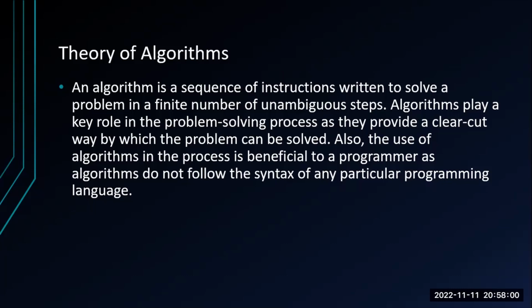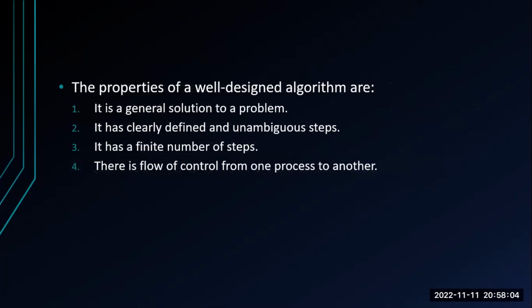So we'll now have the 4 characteristics of algorithms. Number 1, a general solution to a problem, which, as said just now, means that it is universal. It shouldn't be specific to the problem, and it shouldn't be specific to a programming language.